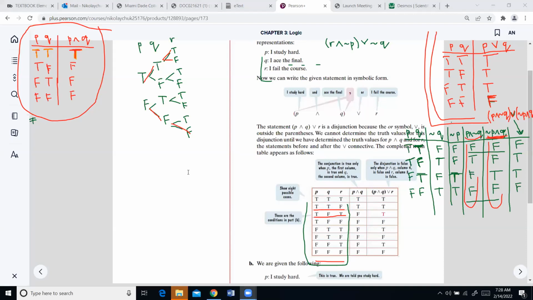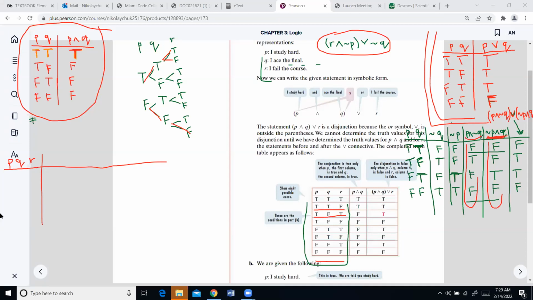So I'm going to prepare a table here with P, Q, R. How is this supposed to be prepared?